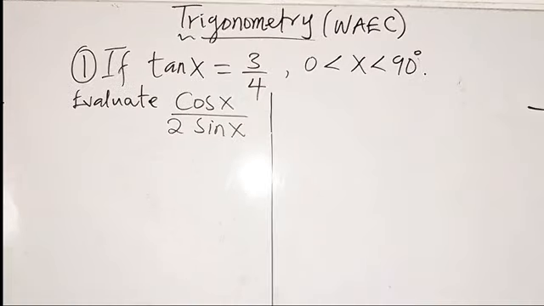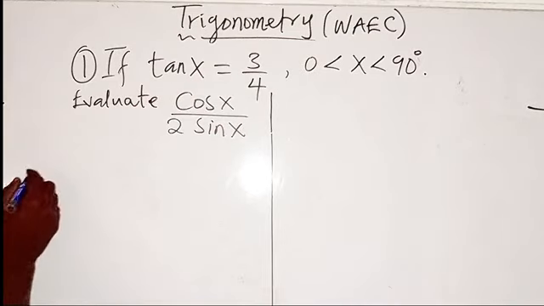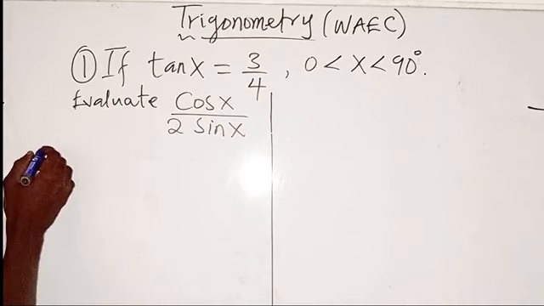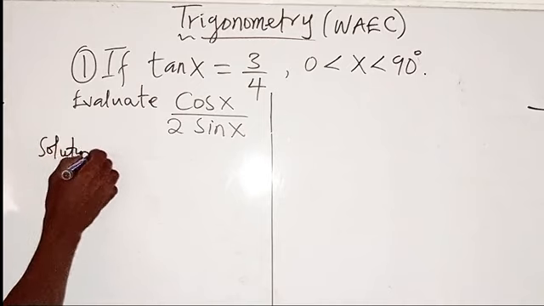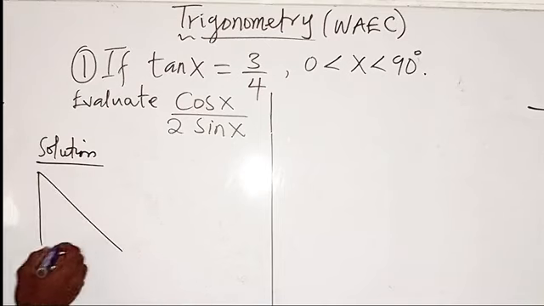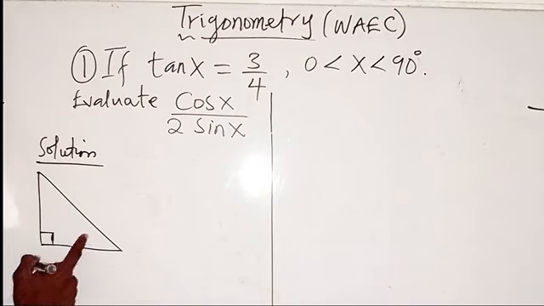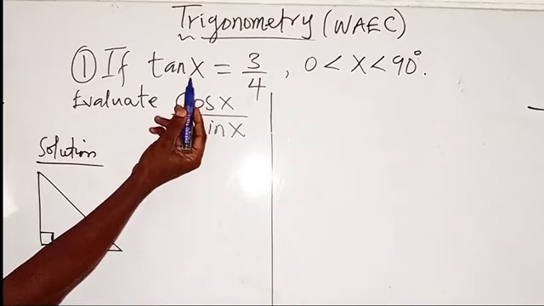What we need to do, when you have tan x equals 3 over 4, is to introduce a right angle triangle. Here we can have the angle x.